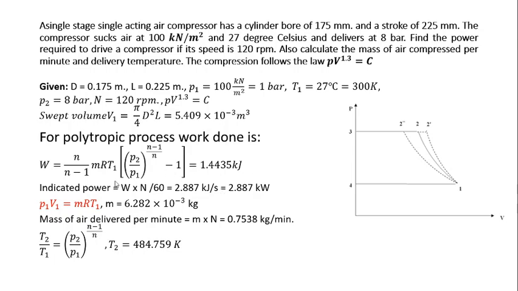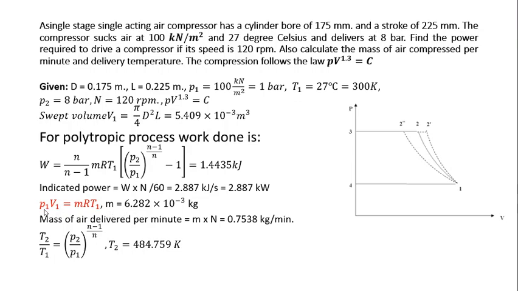Now again, from our ideal gas equation P1 V1 is equal to mRT1, we can calculate m. m is equal to 6.282 into 10 raised to minus 3 kilogram. Make sure that all these units of P1, V1, m, R, T1 are in SI units.